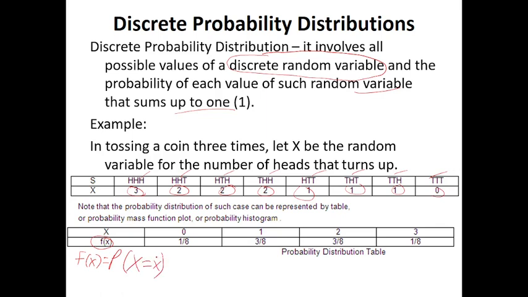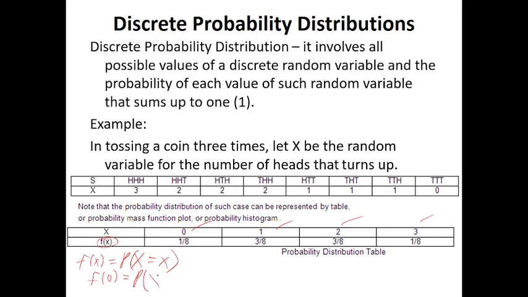For example, if I have f of 0, this is the probability that the random variable x is equal to 0.